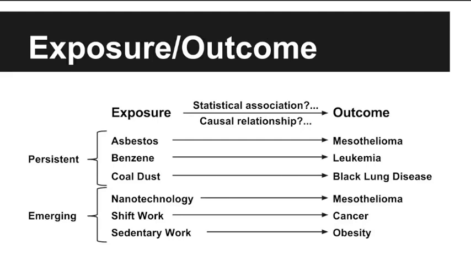We haven't seen epidemiology studies in humans, so we don't know if exposure to those same nanoparticles would produce disease in humans. But this is an active area of occupational epidemiology research. Occupational epidemiologists are also exploring links between shift work, for instance working at night, and cancer risk. Occupational epidemiologists are trying to understand the contribution of sedentary work to the growing obesity epidemic in this country.